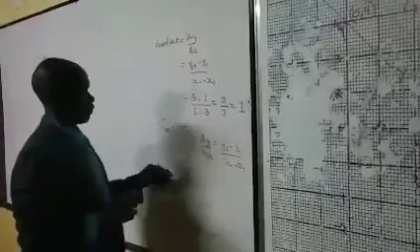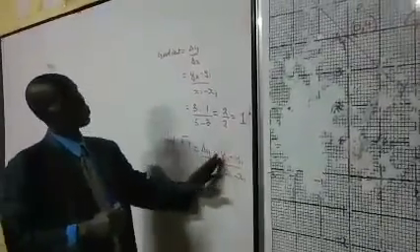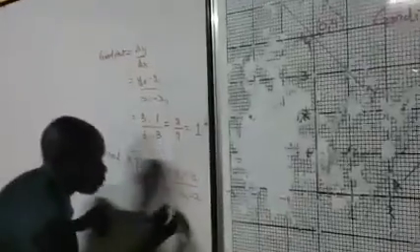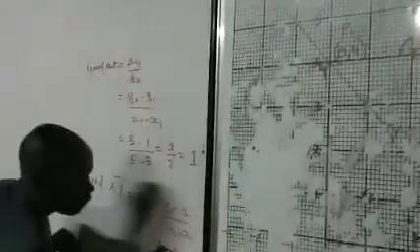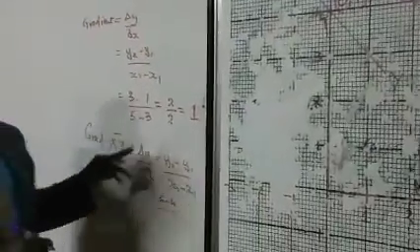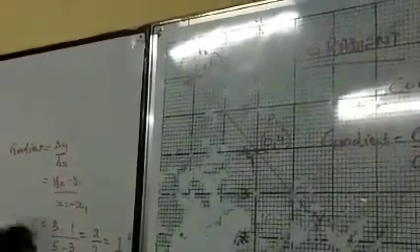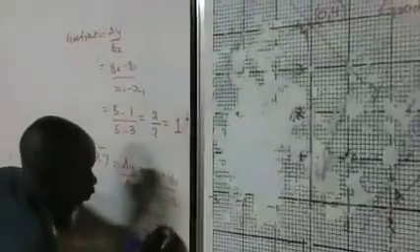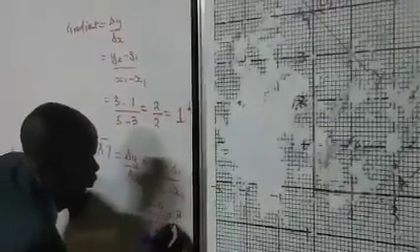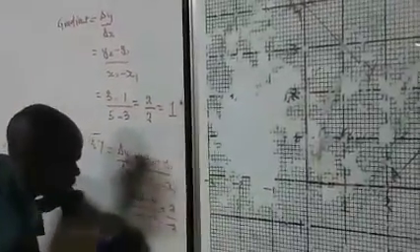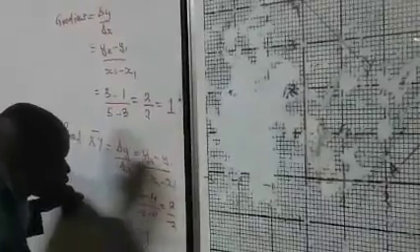And therefore, what do we now have? Our y2 will be 6 minus our y1 which is 4, and then our x2 is negative 2 and our x1 is 0, and therefore this is 2 over negative 2, and the gradient of that line will be negative 1.